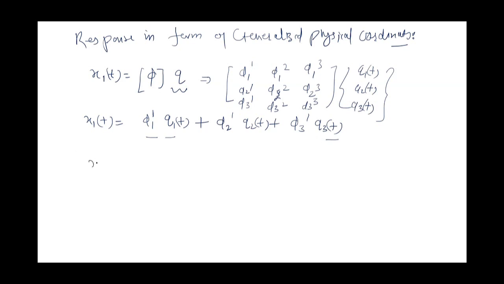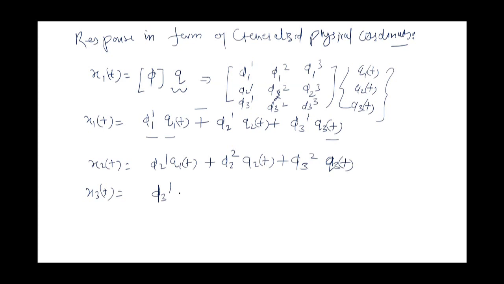Similarly, x2(t) can be written as phi 21 q1(t) plus phi 22 q2(t) plus phi 23 q3(t), and for x3(t), using the third row of the matrices, we can write phi 31 q1(t) plus phi 32 q2(t) plus phi 33 q3(t).